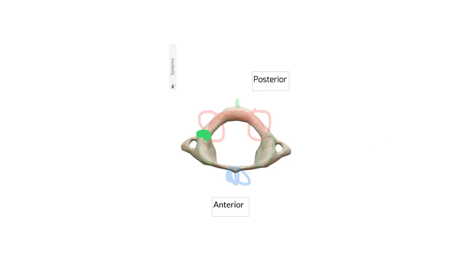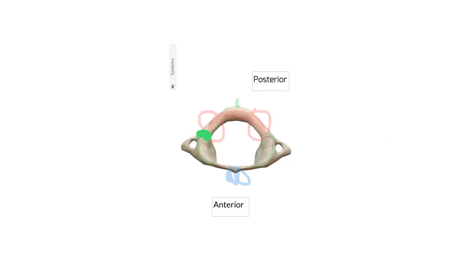Now, the superior articular process of Atlas is part of the lateral masses of Atlas. The lateral masses of Atlas are what would be equivalent to the articular pillars down the cervical spine, pars interarticularis going down the thoracic spine, as well as the lumbar spine. So we'll see those going forward.